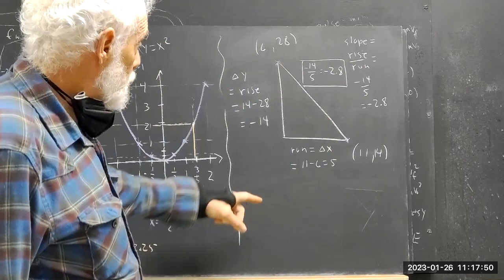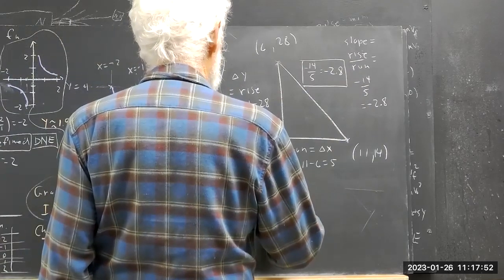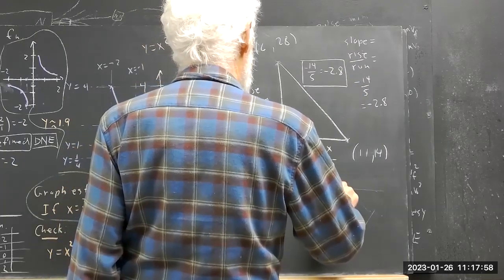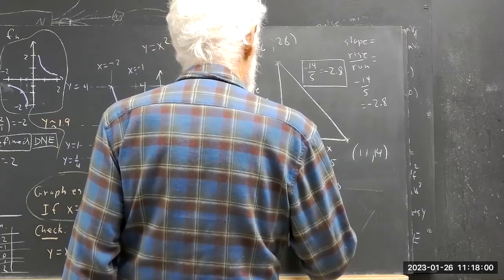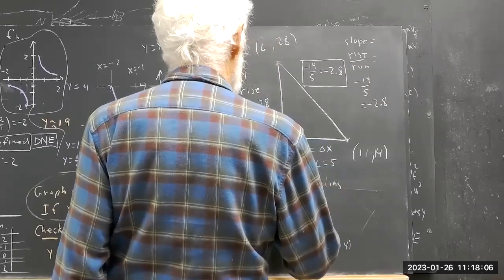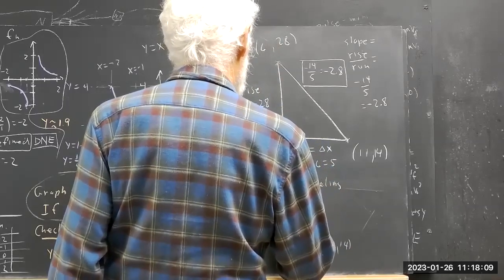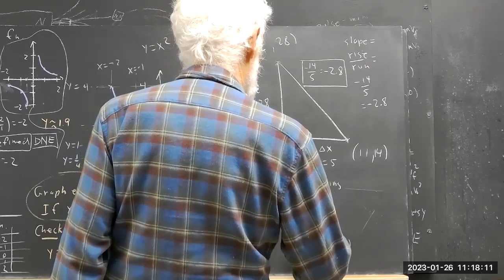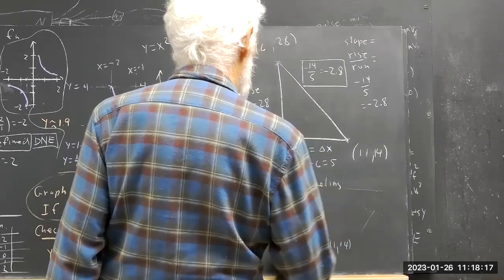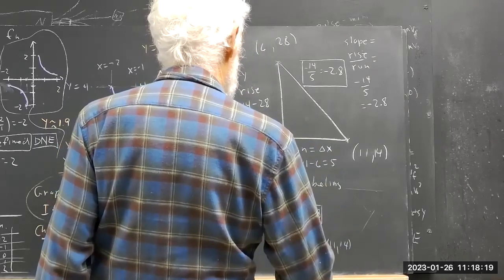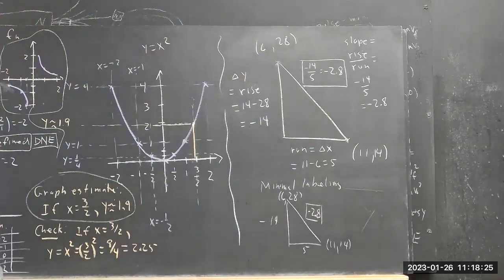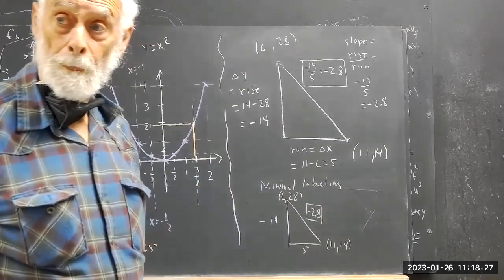The labeling includes minimal labeling: include the coordinates of the point, the slope, a rise, and a run. But all the information is there.